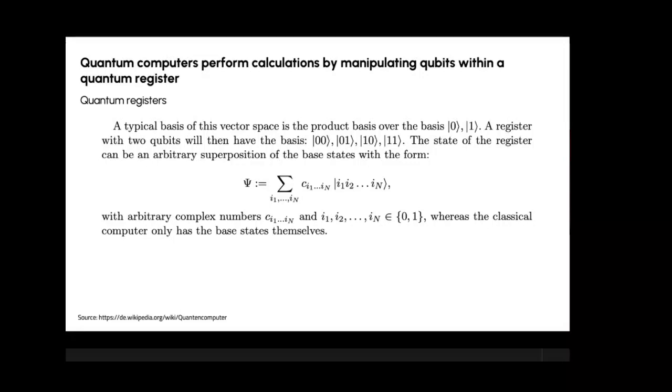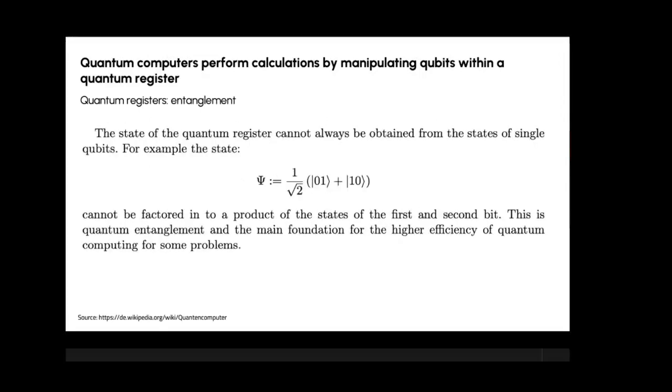And because there's a complex number written there, you have infinitely many possibilities of how this state, uppercase psi, can look. This is again the key. We discussed entanglement yesterday, photon entanglement. This is also a type of entanglement of 2 basis qubit states. We have now 2 qubits which are entangled, and they cannot be factored into a product of the states of the first and second bit because it's a sum.